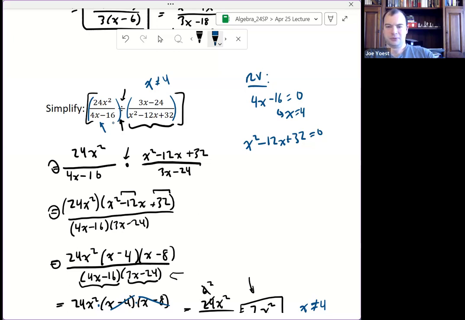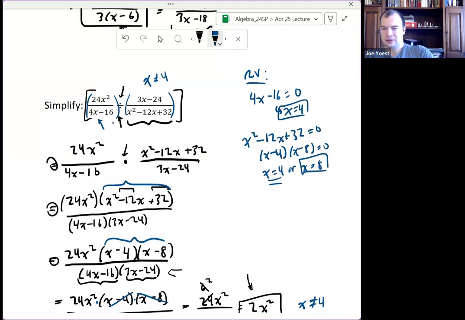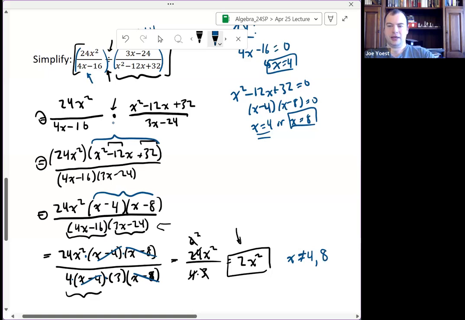Now, if I look through the work that I've done before, I see that x squared minus 12x plus 32 factors as x minus 4, x minus 8. Again, using our zero product property, x minus 4 times x minus 8 equals 0 means either x minus 4 is 0 or x minus 8 is 0, which means either x equals 4 or x equals 8. So I've picked up another restricted value in addition to the x equals 4, which is just repeated here. So x cannot be 4 or 8.